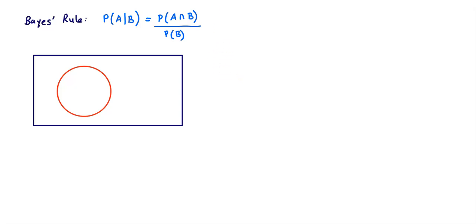I want to use different colors for each of these so that we can keep track of them easily. And let's say B is represented by a rectangle that looks something like this. Okay, so I'm being really perfect today with my symbols. So this is the event B. The event B is represented by the rectangle, and the event A is represented by the circle.